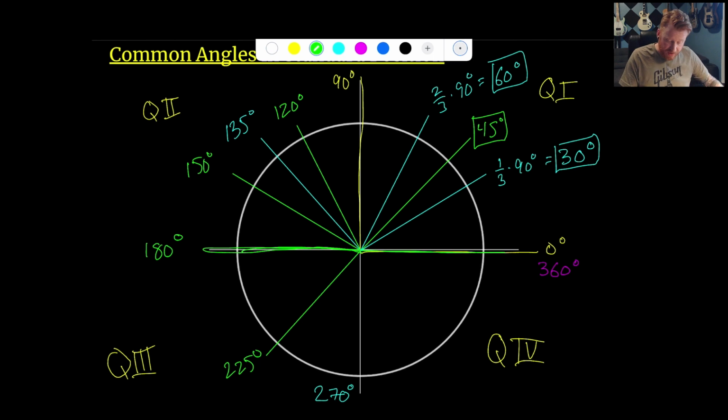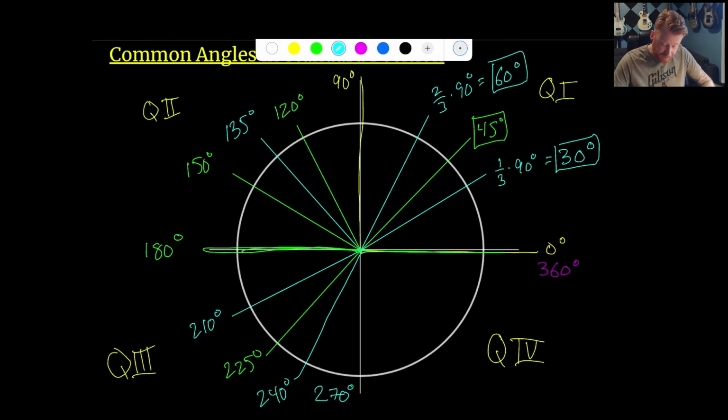So that is the halfway angle. And then if we want to look at a third of the way through quadrant 3 and 2/3 of the way through quadrant 3, that's going to give us 210. That's 180 plus 30. And then this will be 240 on this side.